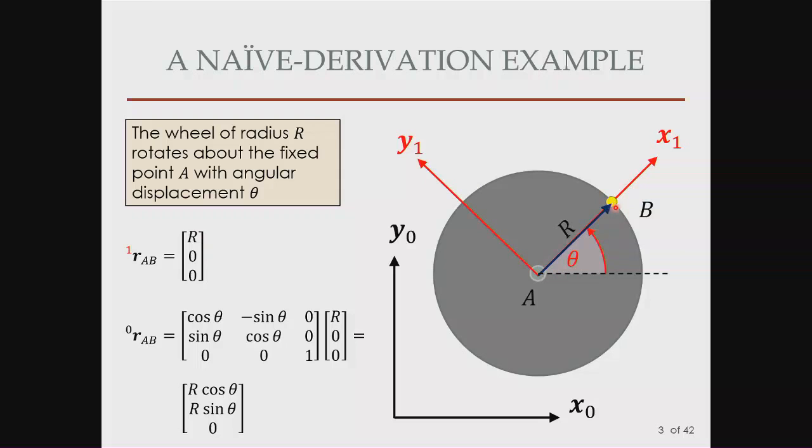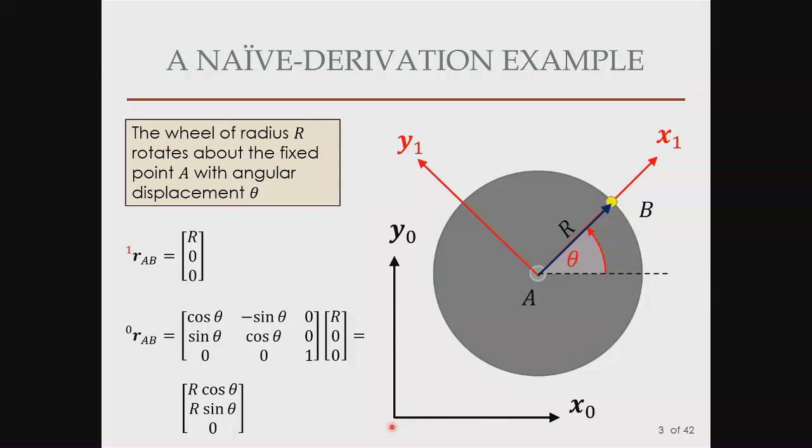So R in the x1 direction. Or in the black frame 0, it will be R cosine theta and R sine theta. That's in terms of position.